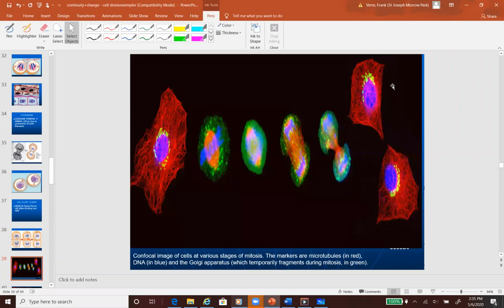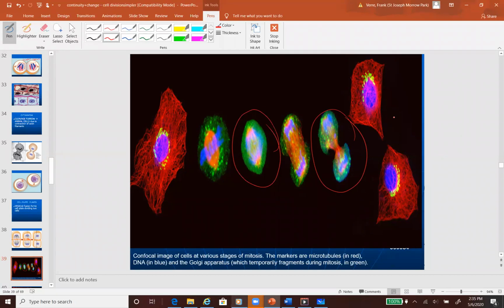Here's kind of a nice, beautiful image. You go from the left all the way to the right. You can see the different stages of cell division. You could see the cell, the chromosomes are on either end here. You can see the cells splitting in half, and then you end up with two cells that are identical.